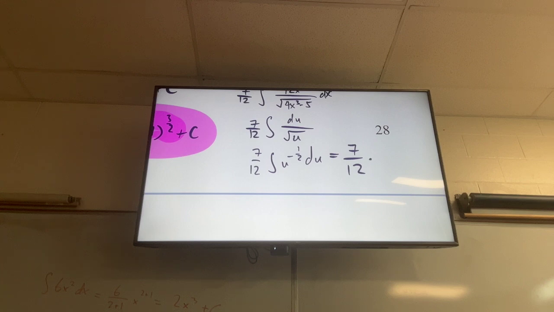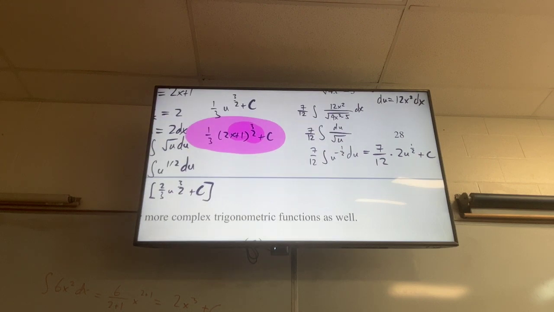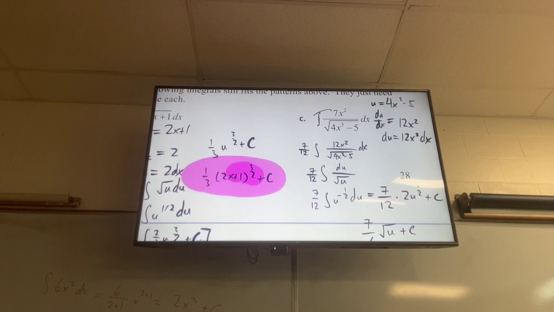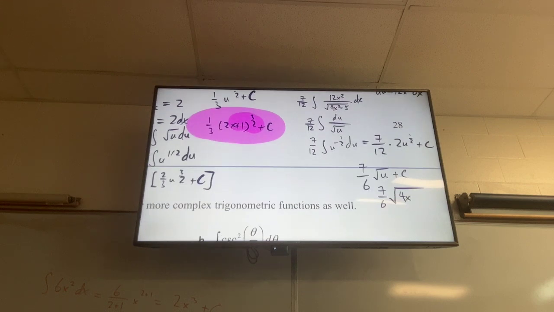Would it be u to the 1/2? It would be 2 times u to the 1/2, plus c. So that becomes 7 over 6 times the square root of u plus c, or 7 over 6 times the square root of 4x cubed minus 5 plus c.